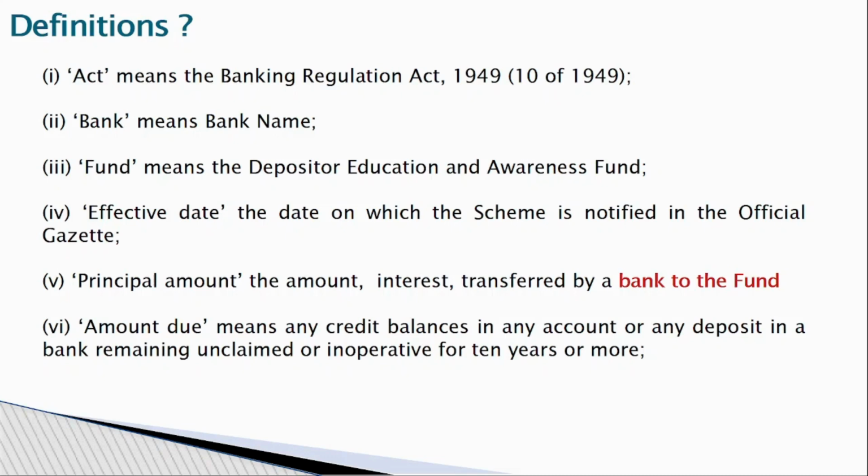Principal amount means the total amount, including interest, which was transferred from the bank to the DEAF fund. Amount due means the credit balance of any account or any deposit in a bank remaining inoperative for 10 years.